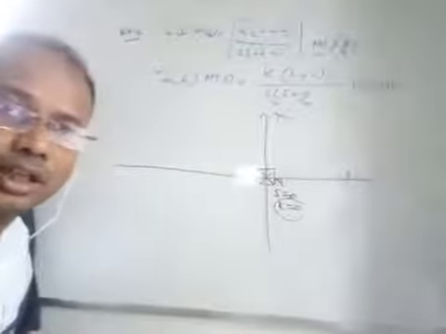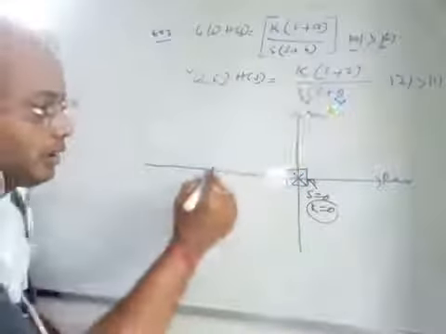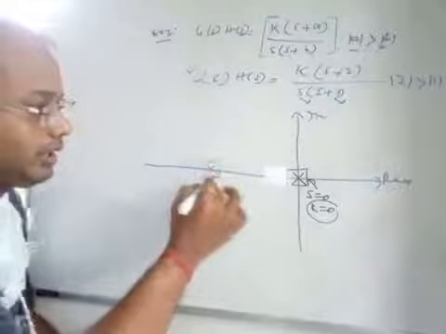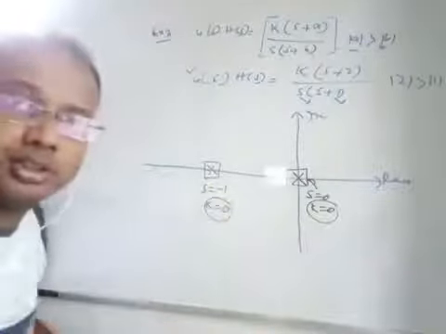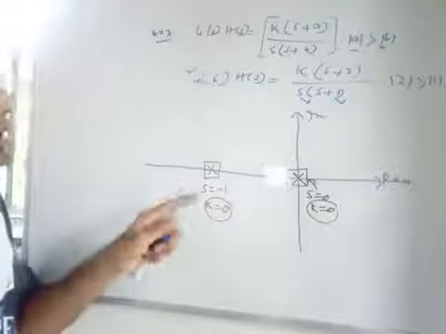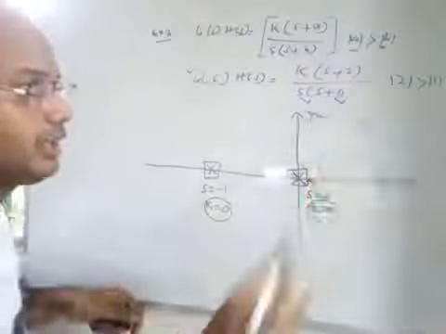Next, you can see this is S is equal to minus 1, and at S is equal to minus 1, we get the value of K is equal to 0. Fine. Next, there is a 0. 0 is indicated by circle. Already we know it.